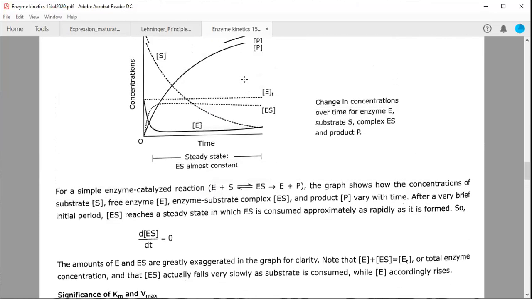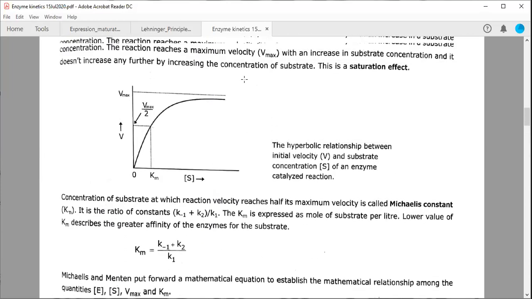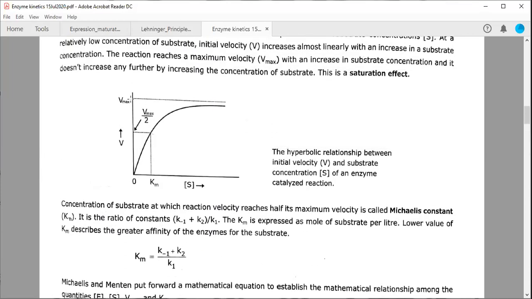Km, we have discussed this curve so many times. Suppose this is the maximal velocity an enzyme can approach when saturated with the substrate. This is zero, this is maximal velocity, and in between the two is called half Vmax.